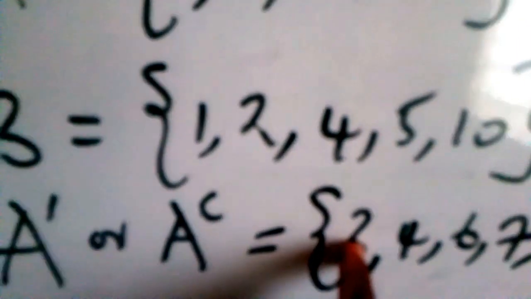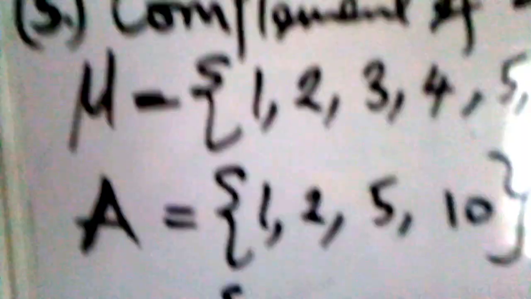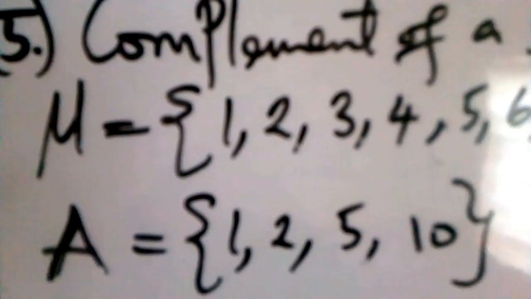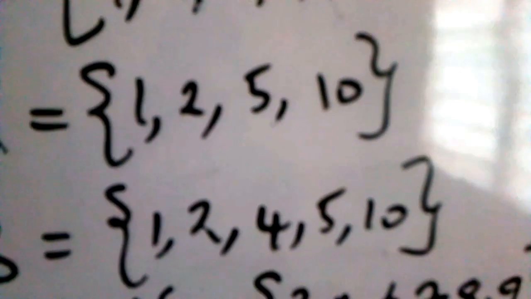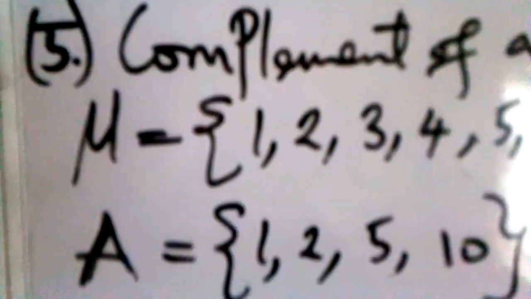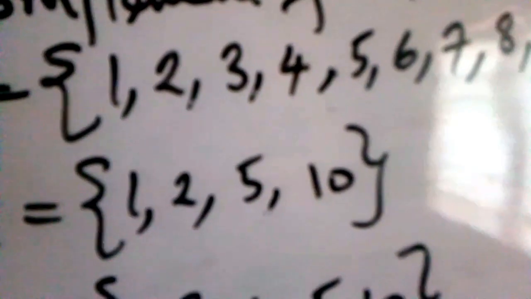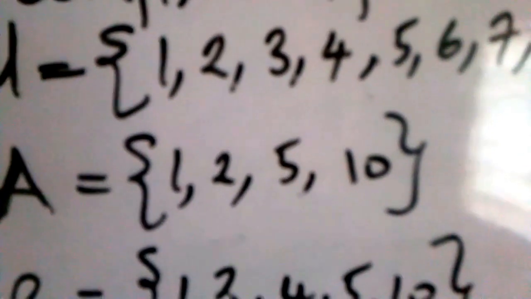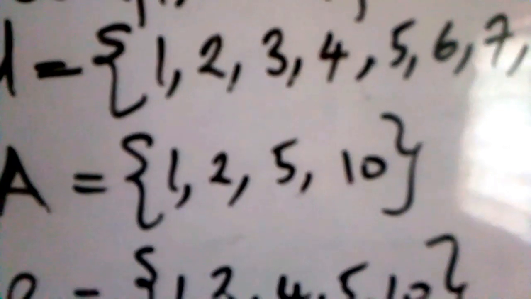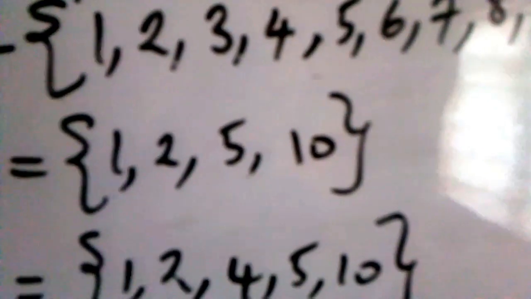Now A complement is 3, because 3 is not in A but is in the universal set. 4 is not in A but is in the universal set. 6 is not in A, it's also in the universal set. 7, 8 and 9.